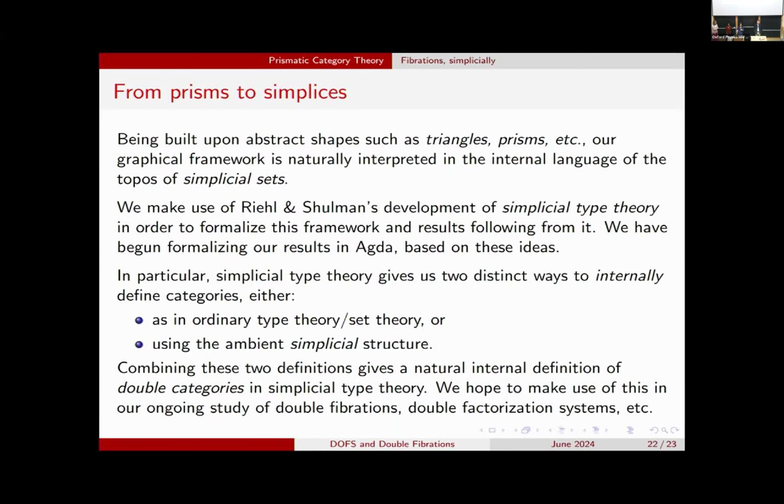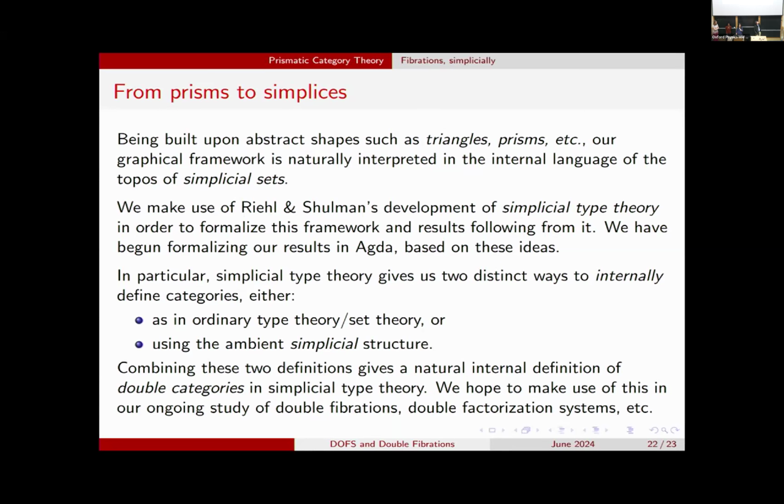But one really interesting thing about this is that in simplicial type theory, we have two ways to define categories. We can do it in the normal way, where you have a type of objects and types of morphisms, or you can do it using the ambient simplicial structure, where you use that to talk about lines and triangles and higher simplices in other types.